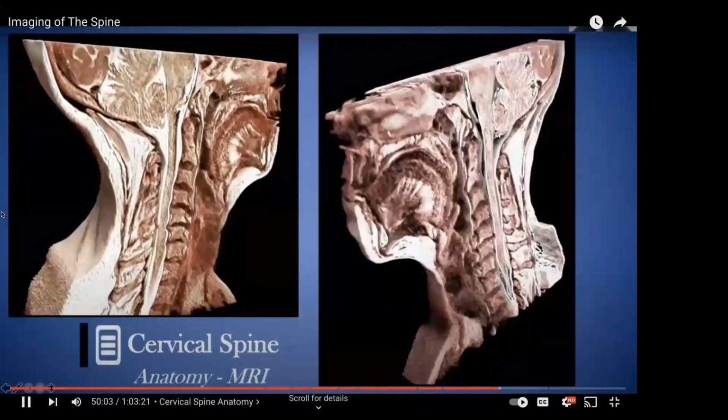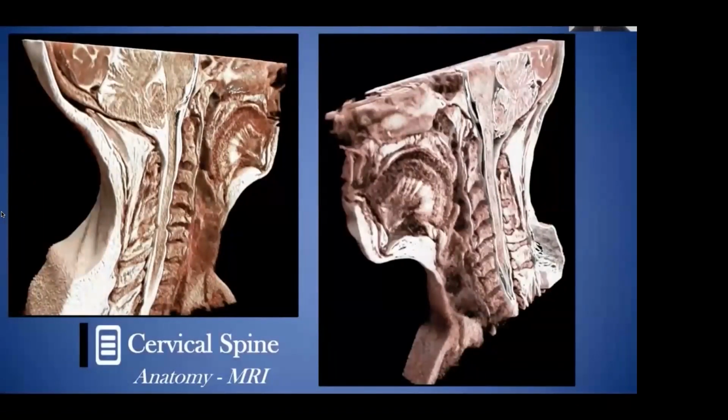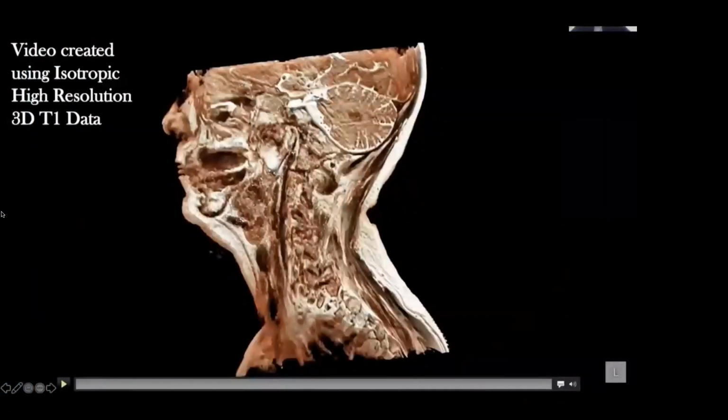So just quickly, again, cinematic rendering, we can do this with MRI as well. This gives it a very almost cadaveric quality, I feel.